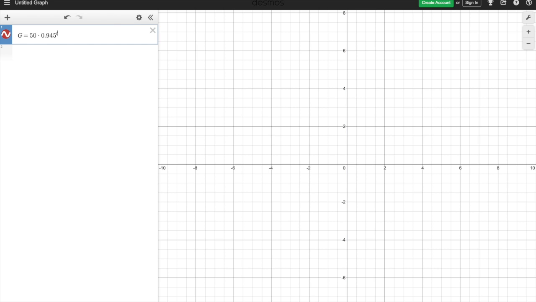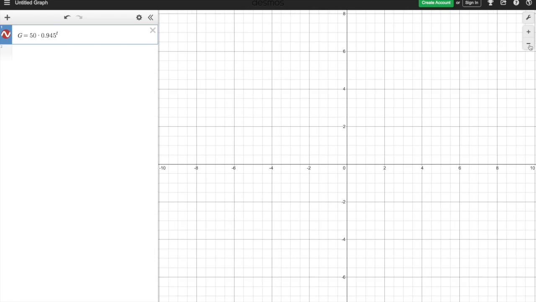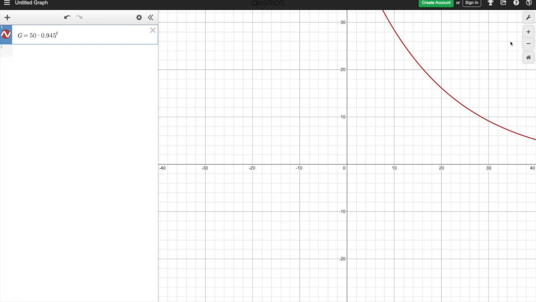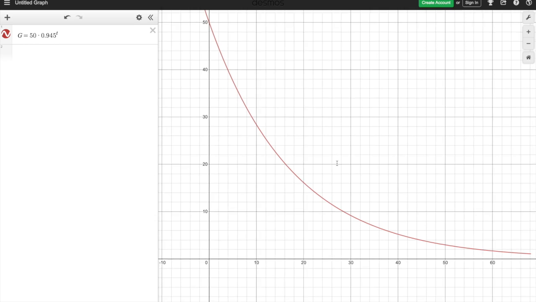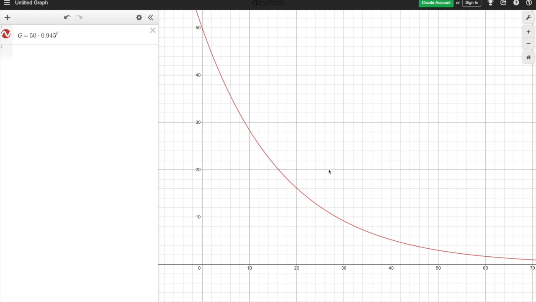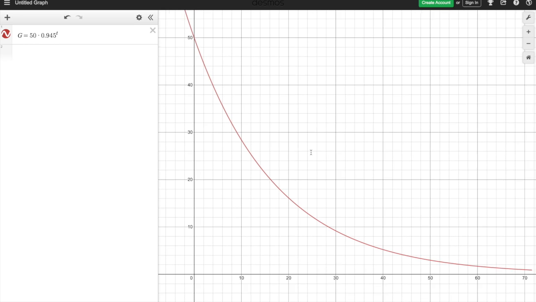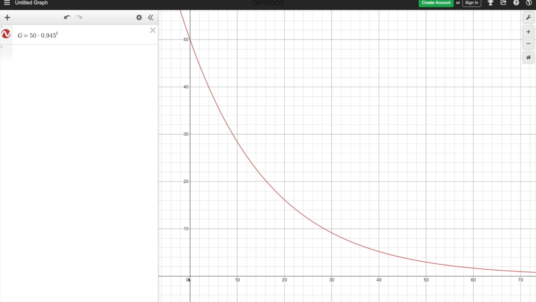The graph here doesn't show anything yet. Let's just zoom out a little bit so that we can see. So here's the first 40 years of decay of our tritium.